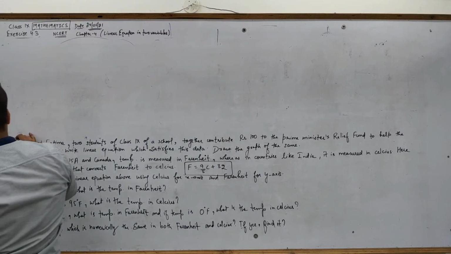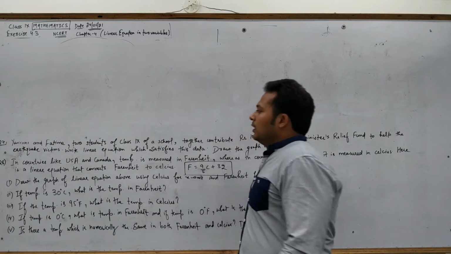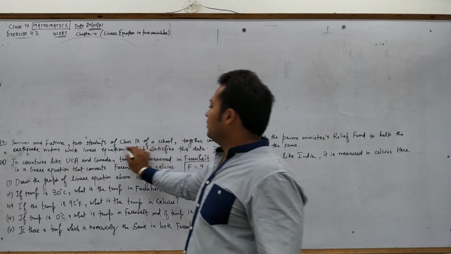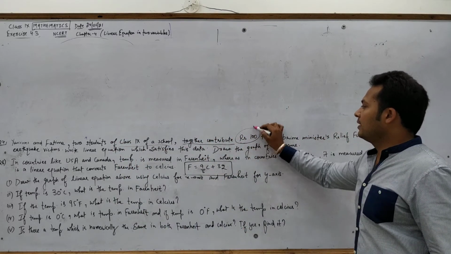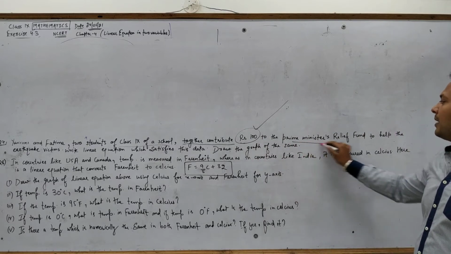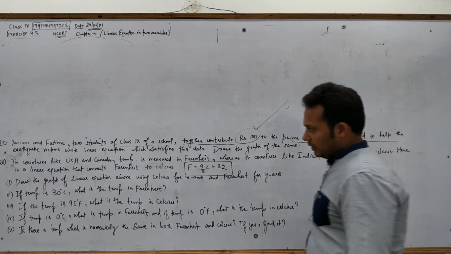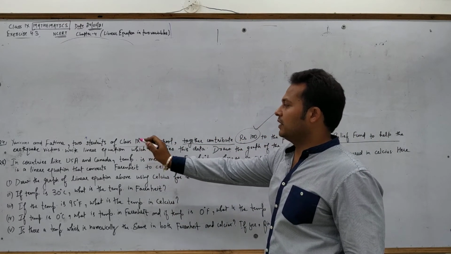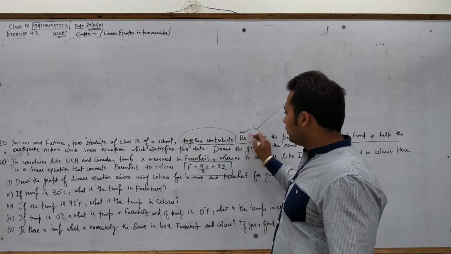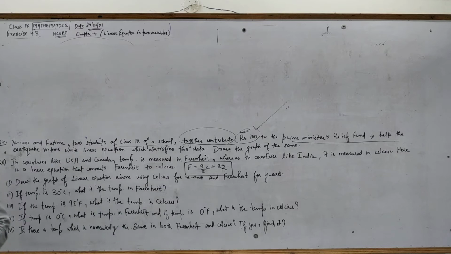It is given that two girls, Yamini and Fatima, of class 9th of a school, together contribute rupees 100 to the Prime Minister Relief Fund to help the earthquake victims. Means they both together contribute rupees 100.